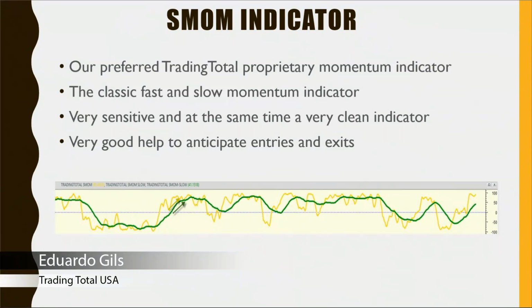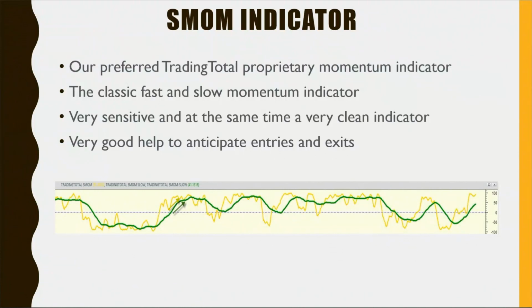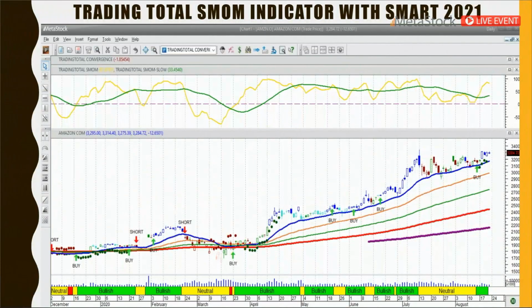This is the classic fast and slow indicator, right? It's a double plot indicator showing short-term and long-term momentum. The short-term is the yellow, and the long-term is the green. S momentum has an excellent balance between reactivity and cleanness. Okay, they are very clean. We use it to check quality before a possible entry point, as well as a very good help for managing positions. Let me show how they work.